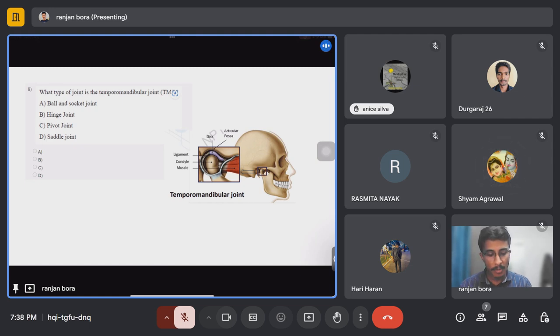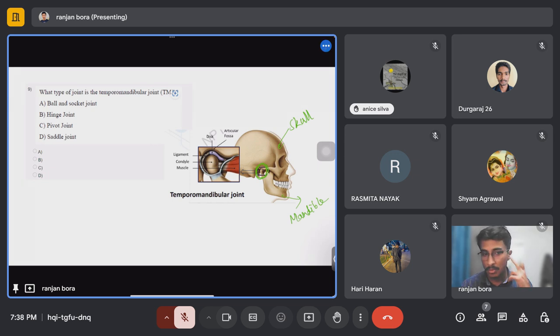See, we have the temporomandibular joint in our skull, and it connects the mandible with the upper part of the skull. What are the movements facilitated by this joint?